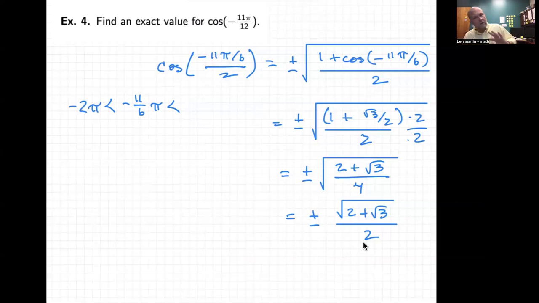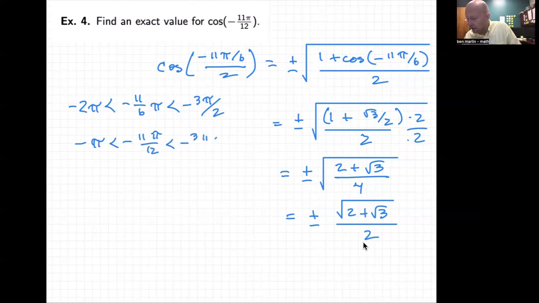And then you have to count the other direction and figure that this will be negative 3 pi over 2. Now I'm going to divide everything by 2 and have negative pi is less than negative 11 pi over 12 is less than negative 3 pi over 4.